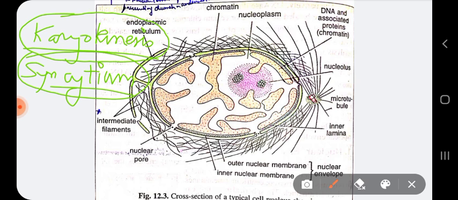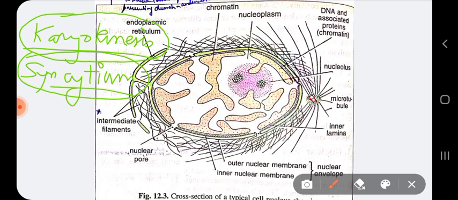So, there are two reasons why multiple nuclei can be observed. One is the cell division process during karyokinesis, when the nucleus undergoes division, then multiple nuclei may be observed. The other is syncytium, where multiple cells fuse, and at that time also you can see multiple nuclei.